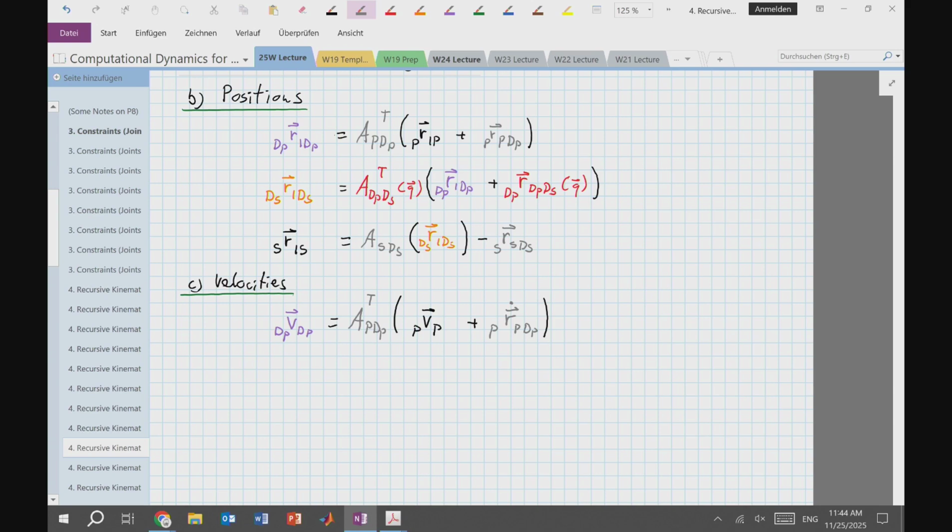Shouldn't Vp in p coordinates equal 0, and Vp in dp is also 0, because it's a body fixed frame? Yes. First of all, that's a good point, but that's different. When I say Vp, I mean the absolute velocity of body p against the inertial frame of reference, or actually here I should talk about a point p.